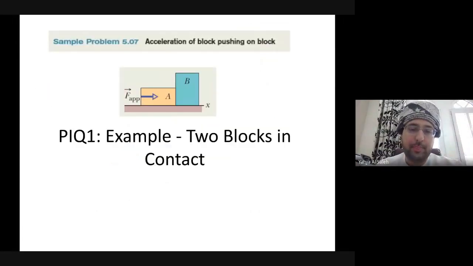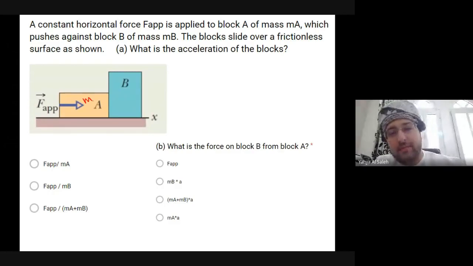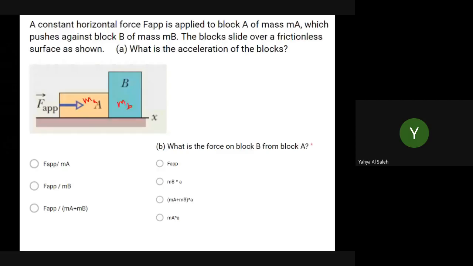So let's try an example. A constant horizontal force, F applied, is applied to block A of mass mA. So this block has a mass mA. The block slides over a frictionless surface as shown.